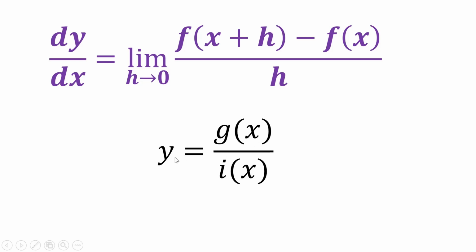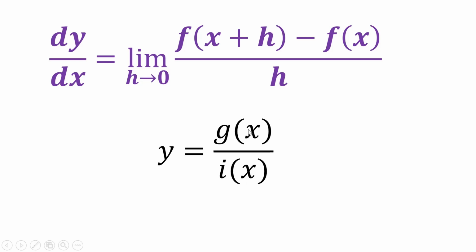The function says that y is equal to g of x divided by i of x. So we see that y is the quotient of two functions, where g of x is the numerator and i of x is the denominator.